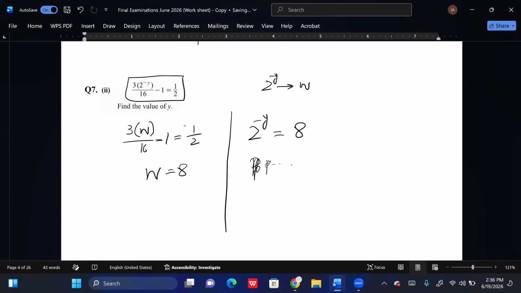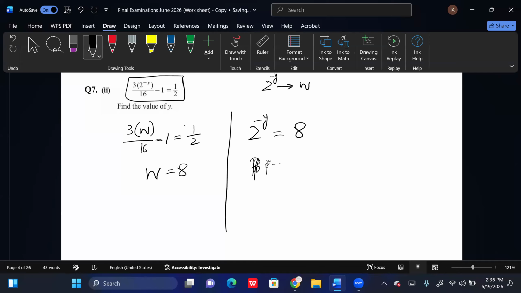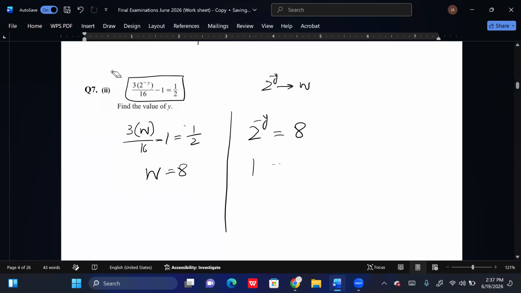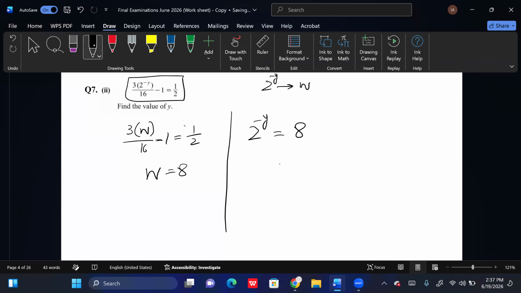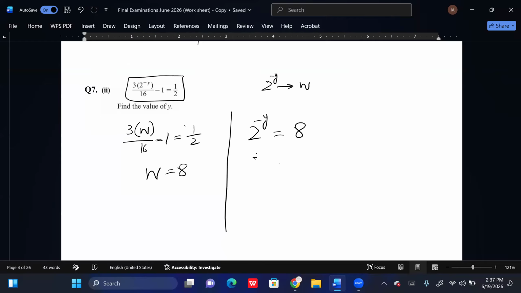Now, what we found is a very small exponential equation. For this, the two bases right and left must be the same. On the left hand side, we have 2 power minus y. On the right hand side, I can write 2 power 3. What do you observe?